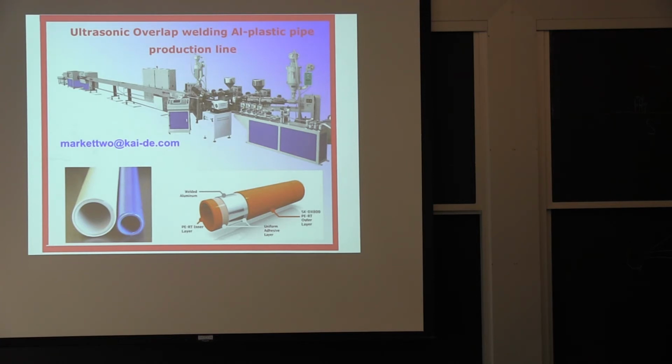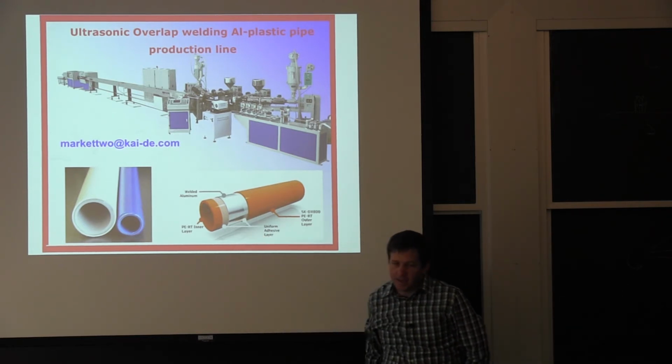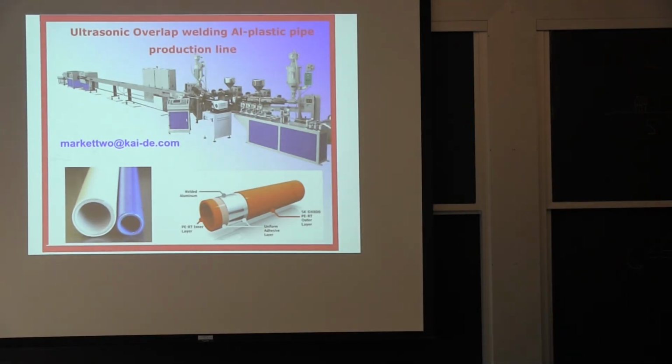What would this type of tubing be used for? The reason for the aluminum is to act as an oxygen barrier. If you have a radiant heating system circulating hot water through a burner, and you keep feeding oxygen into it, you'll corrode it very quickly.